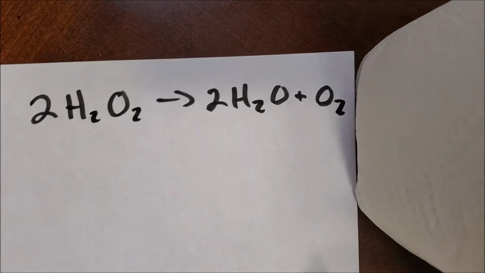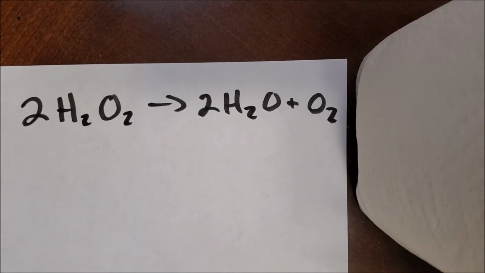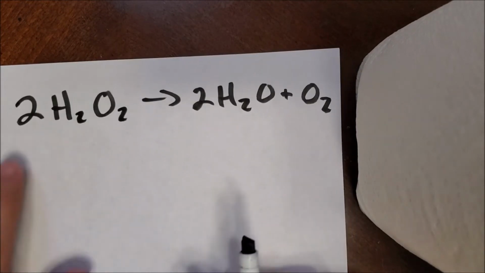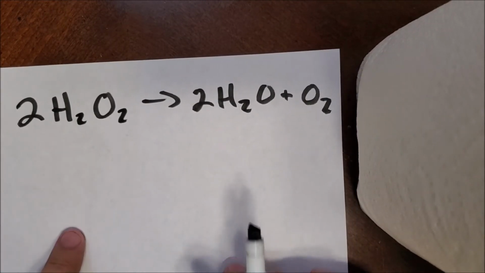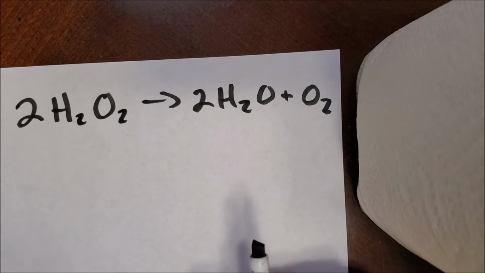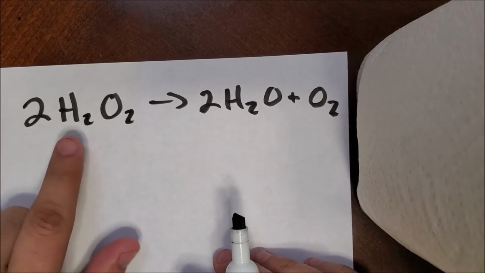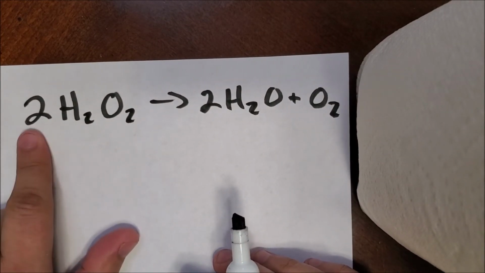We're going to see if it's really balanced on both sides of this arrow. Over here, we count the number that we have of each of our atoms. So here we have 2 hydrogens times 2, that's 4 H's.